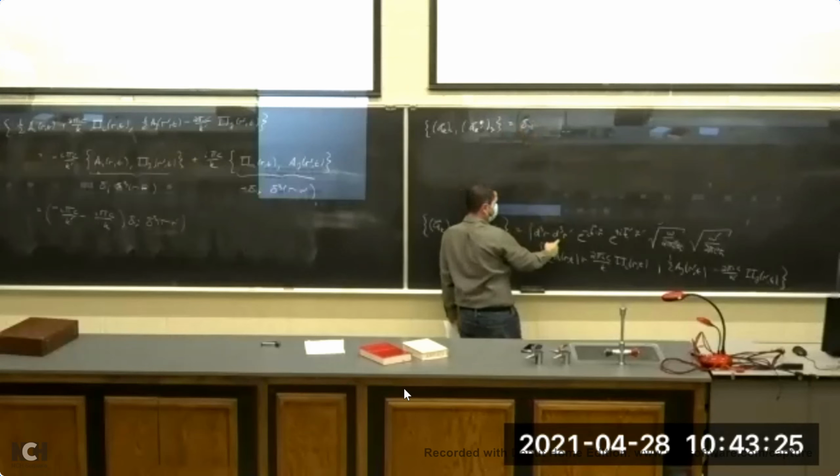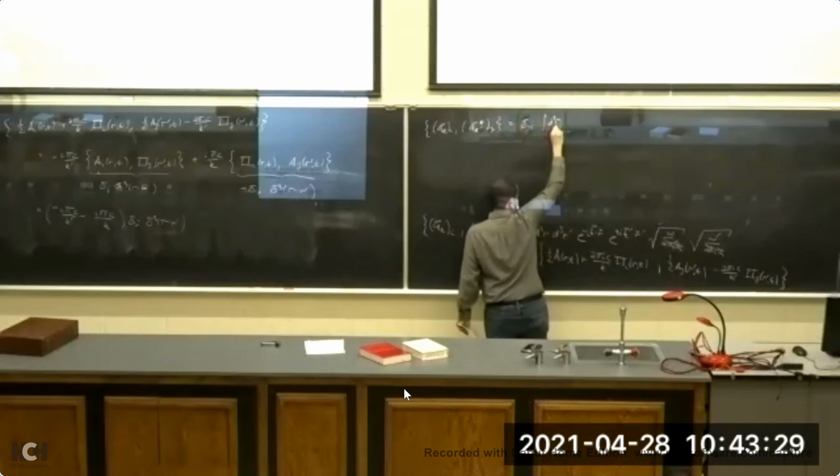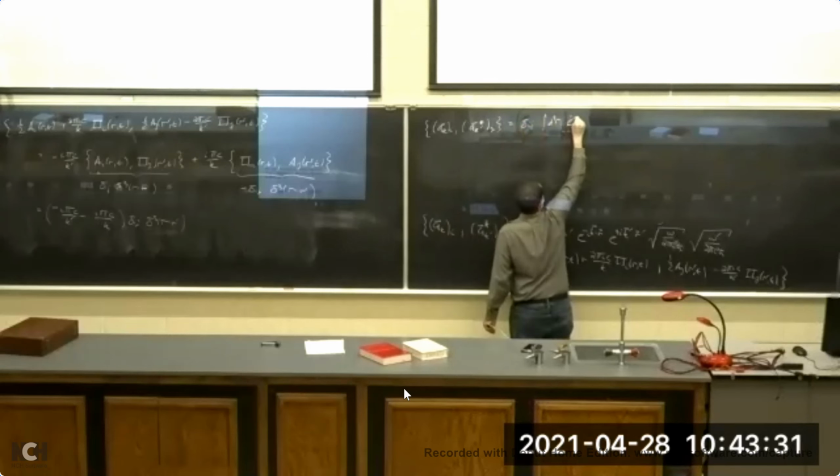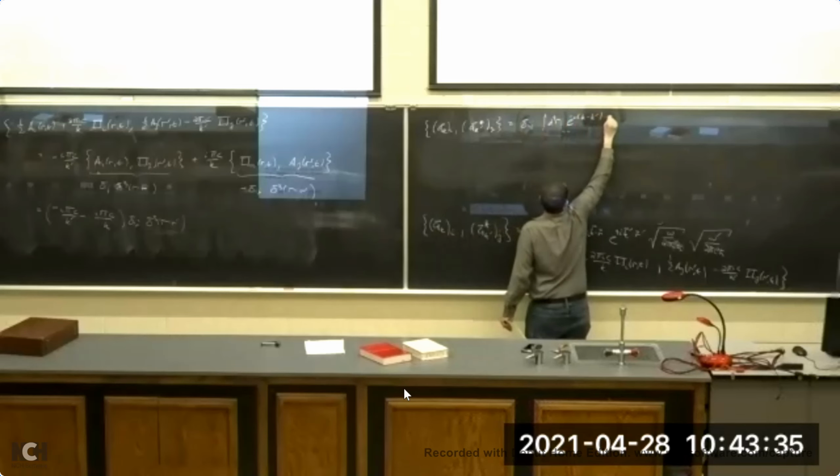I've got one integral left because I killed the d3r prime integral, d3r, now I have e to the minus i k minus k prime dot r.